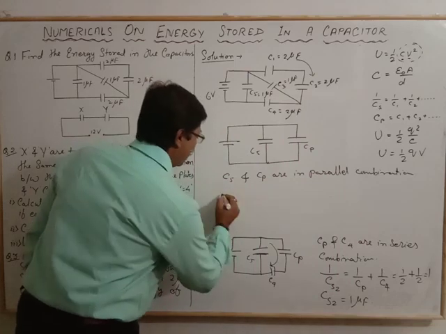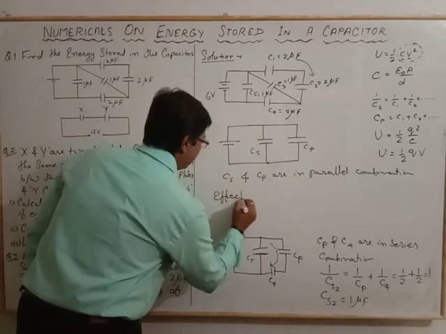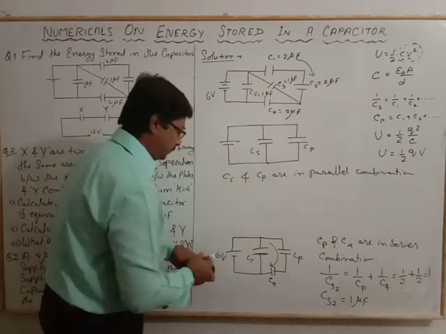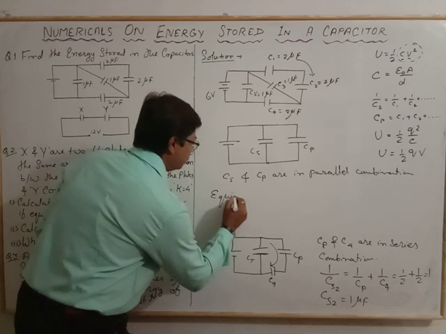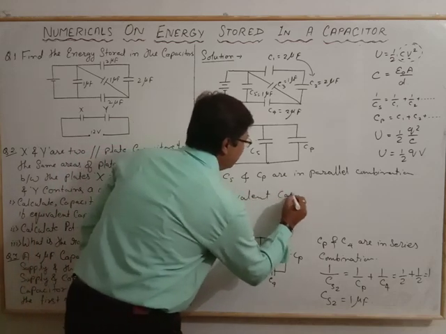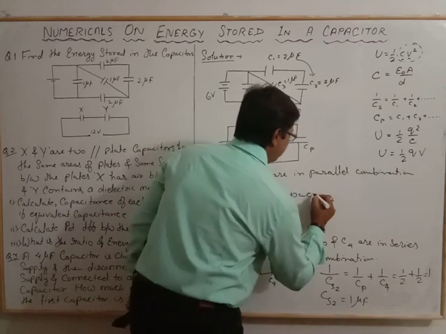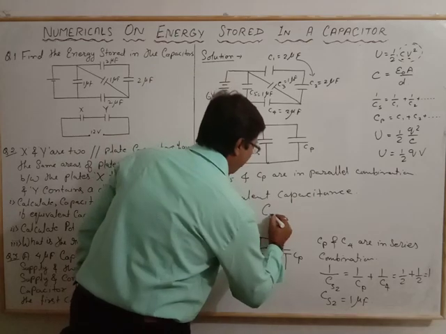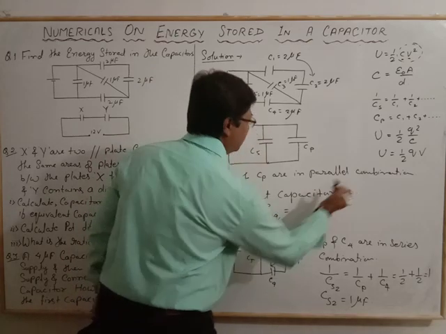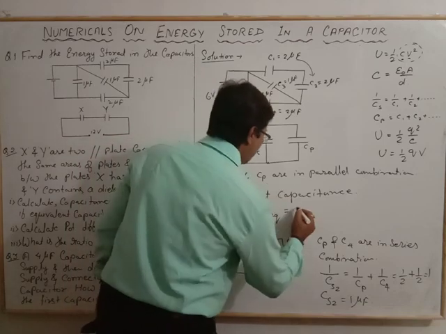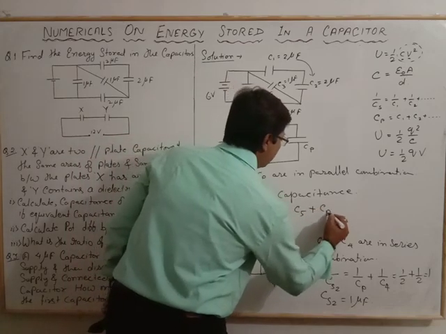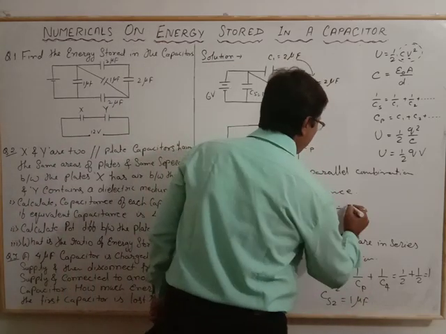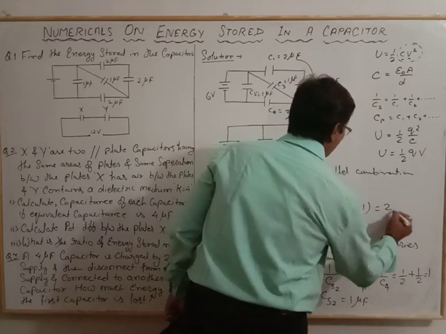Now the effective or equivalent capacitance in the above combination: C effective or C equivalent is equal to C5 plus CS2, and C5 has the value 1 and CS2 we also calculated as 1, so 1 plus 1 is equal to 2 microfarad.